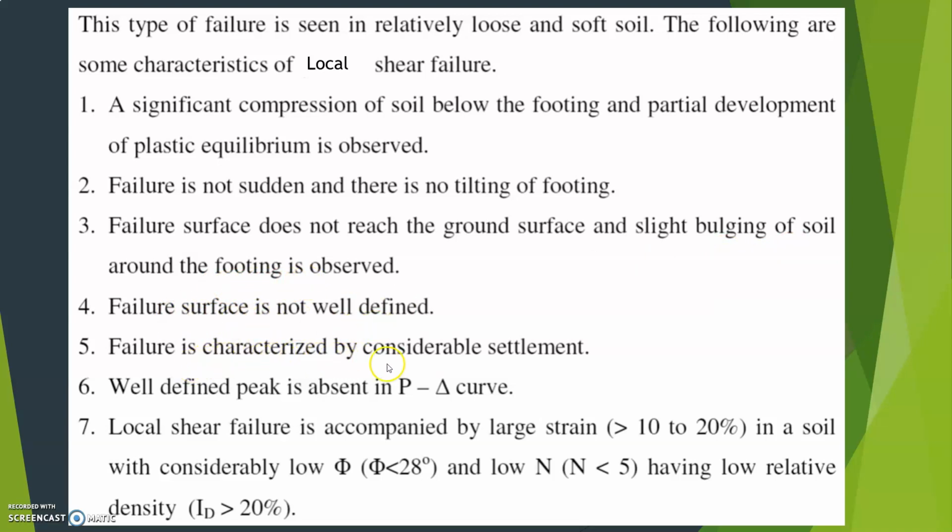Failure is characterized by considerable settlement. Well defined peak is absent in P-delta curve. Local shear failure is accompanied by large strain, that is greater than 10 to 20%, and in a soil with considerably low phi, that is phi less than 28 degree, and low N value less than 5, having low relative density, ID greater than 20%.